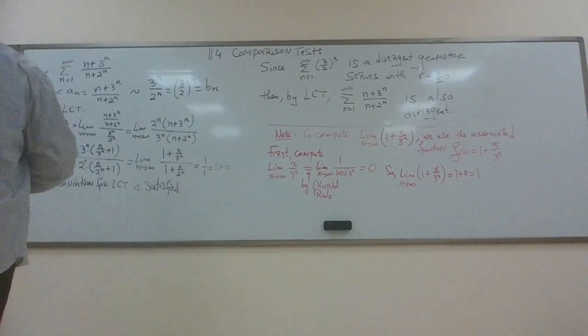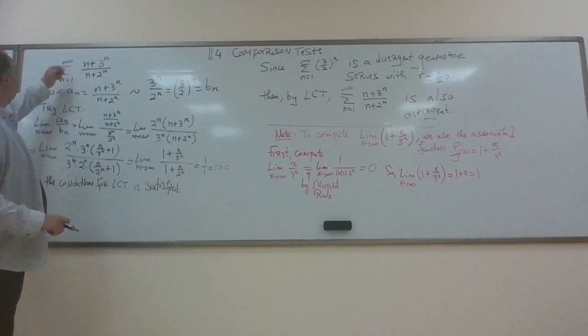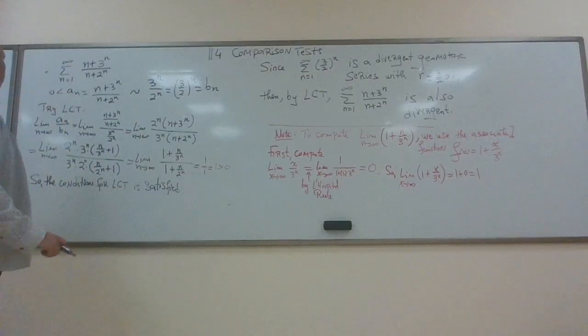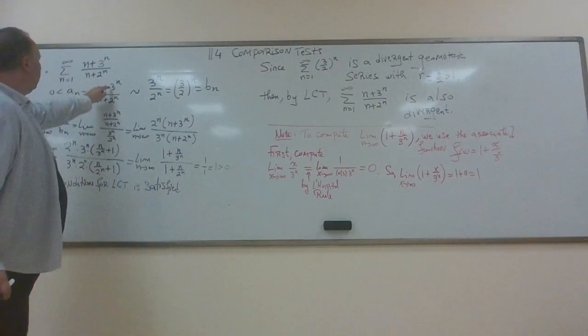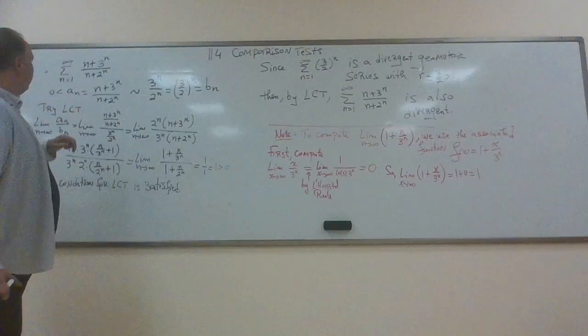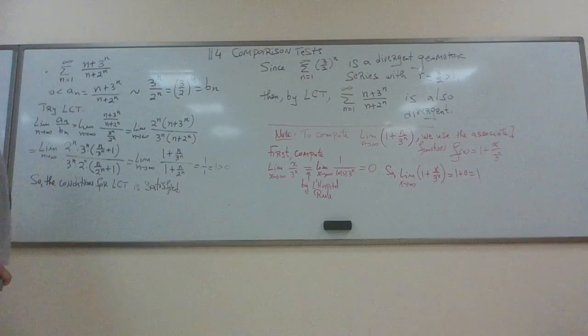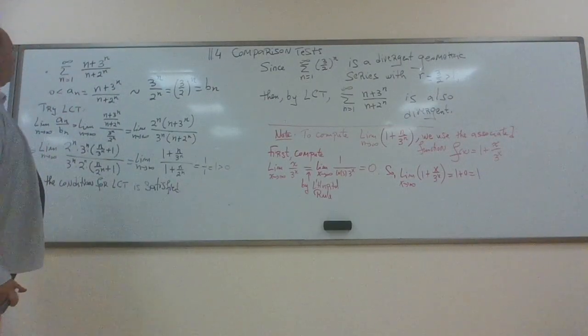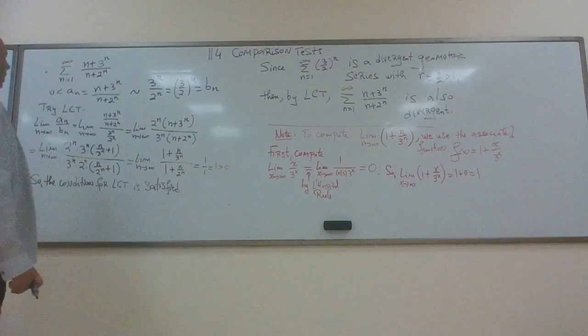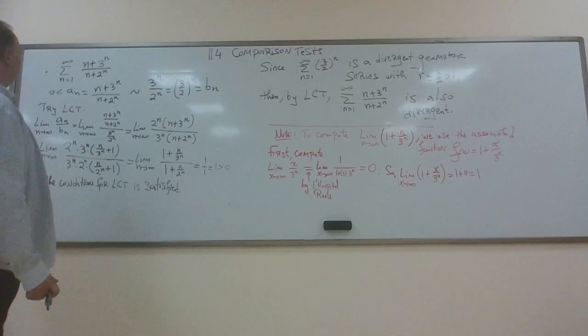Another interesting example, a series with general term (n plus 3) to power n divided by (n plus 2) to power n. Here again, we cannot use the direct comparison test. We try with the limit comparison test.